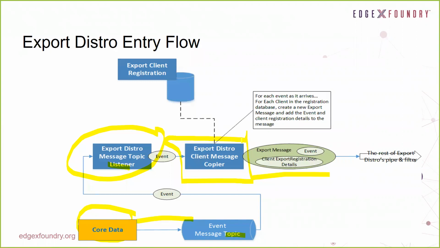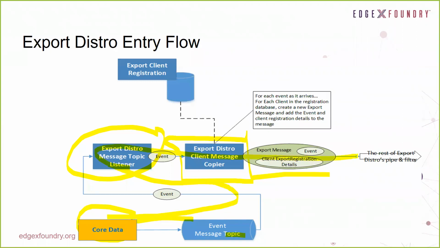So hopefully there aren't tons and tons of clients making requests out of this box. But if you start to exceed what would be a rational number of clients, and defining rational usually depends on how much data you've got coming through the system, that could actually push the bounds of what EdgeX is able to do.